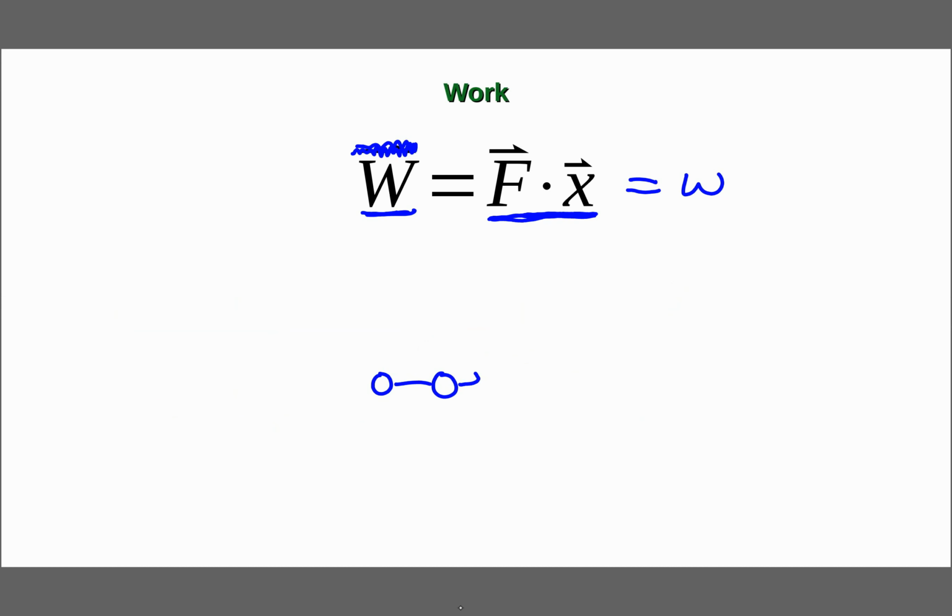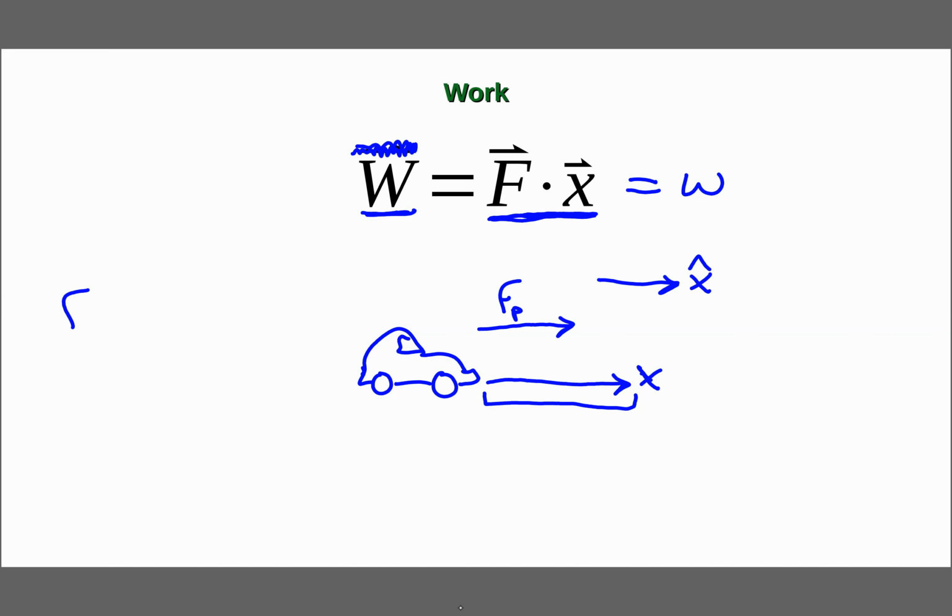So we have our car again. And it goes through some displacement, x, and x points in this direction. We'll make that our x hat direction. You can see that if I push with a force in the same direction, the work, which is the dot product of the force of the push and the displacement, equals FPX.